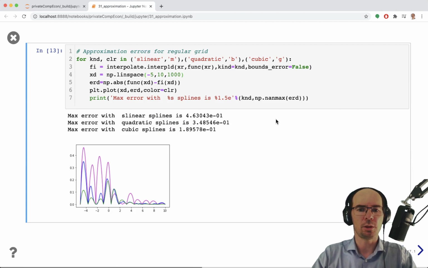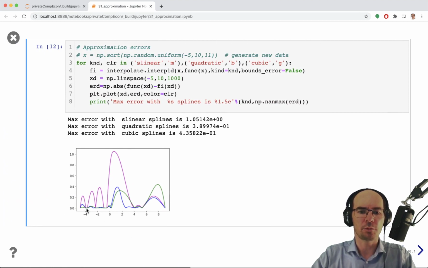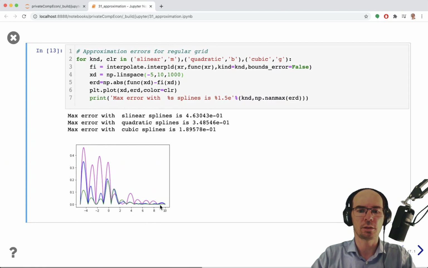Let's look at the same plot for the regular grid. You can see the difference here is that the points of the grid which we used for creating the interpolation function were spaced irregularly before, and they are spaced at the same interval lengths in this picture. So the only difference is that now I'm using the XR as the grid to create the interpolation function fi.